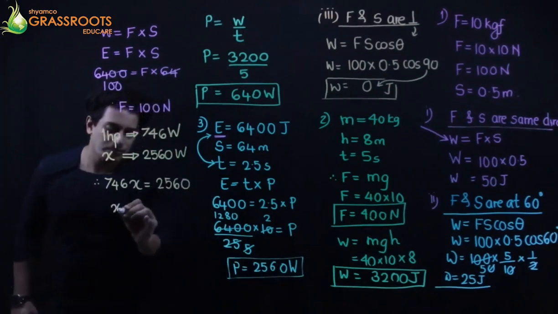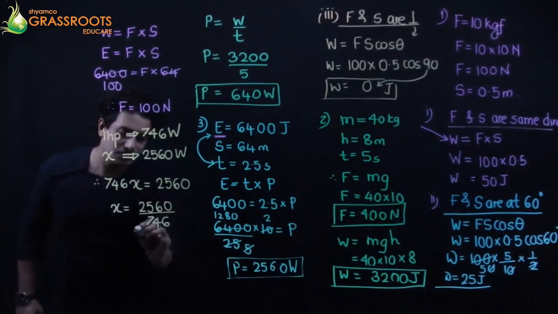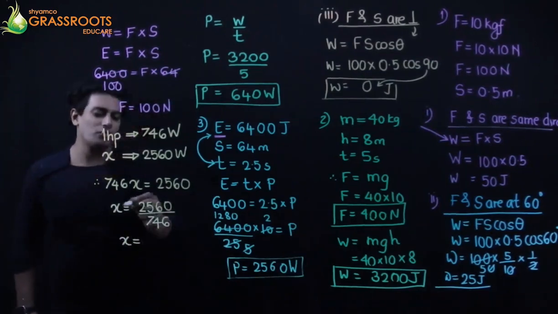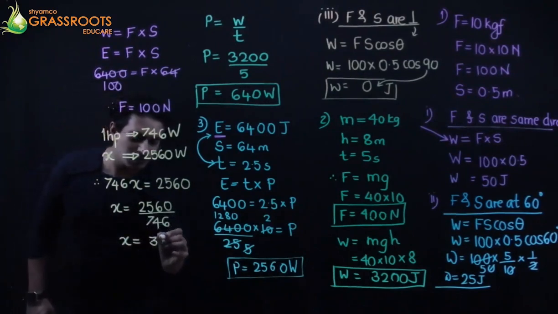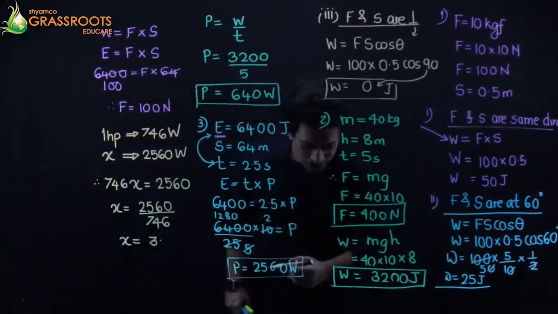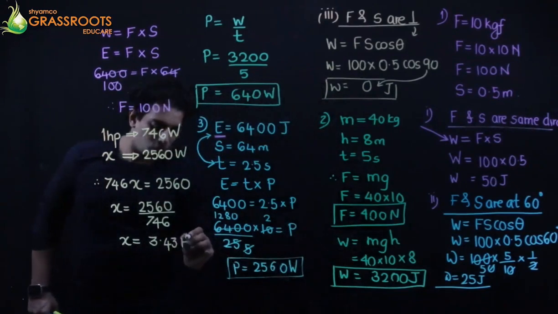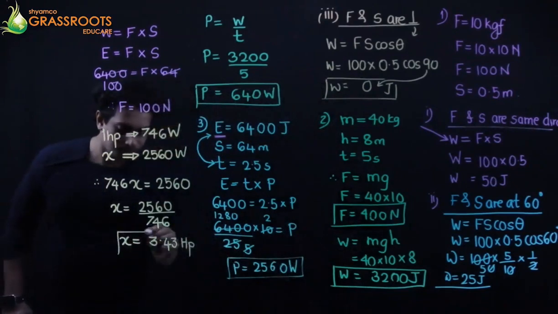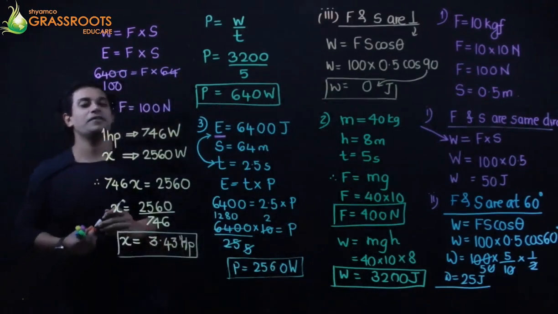Get it done. 2560 upon 746. Okay. On solving you get 3 point something आएगा answer. I'll just directly calculate and check. It's 3.43 horsepower. H should be small. HP.